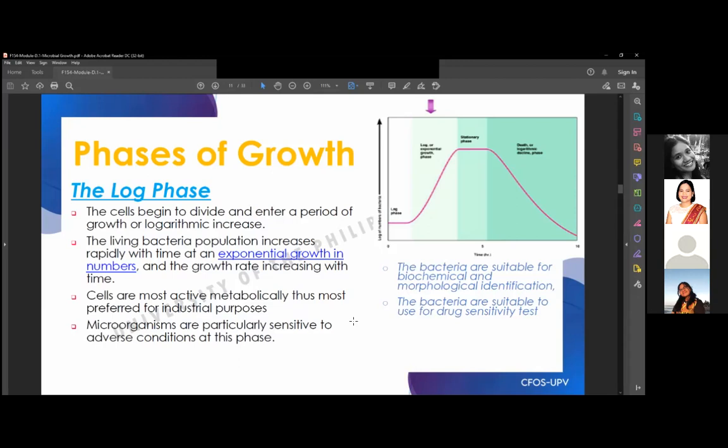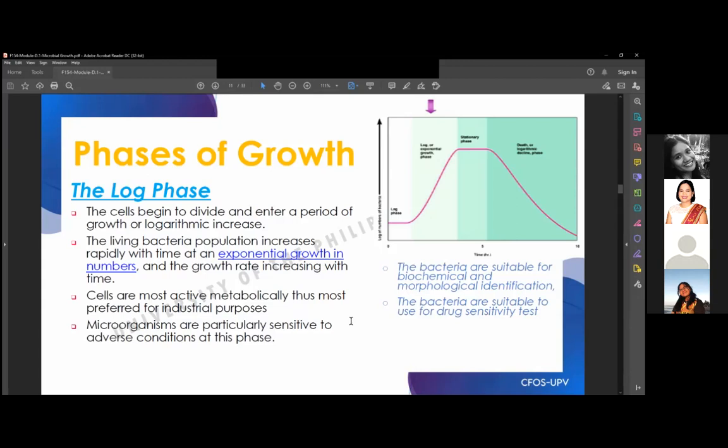So dito ka sa phase kumukuha ng iyong inoculum. And also, this is the stage wherein microorganisms are withdrawn for microbiological assays like mga drug sensitivity test or antimicrobial activity test. Ganon. And pag tina-target mo yung microorganism or bacteria with certain antibiotic, you usually tina-target sila at this phase, during their exponential growth phase.